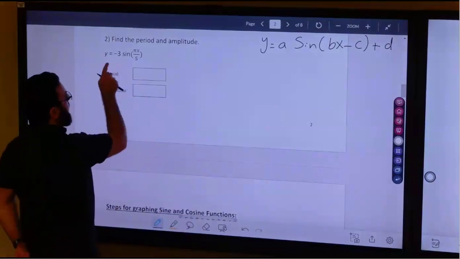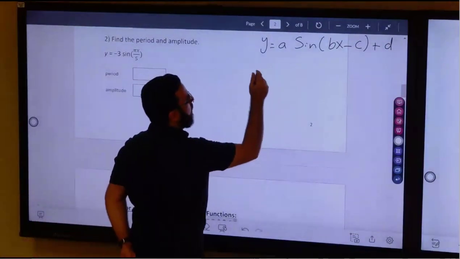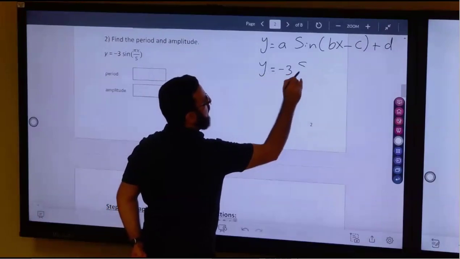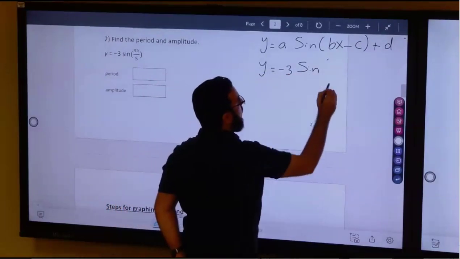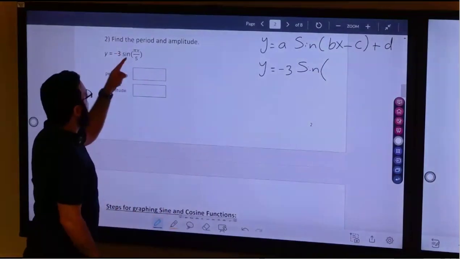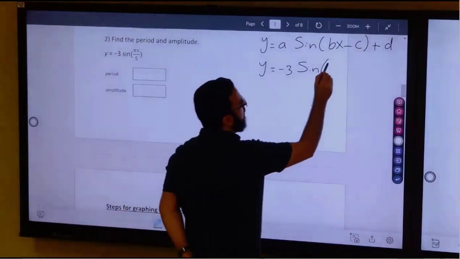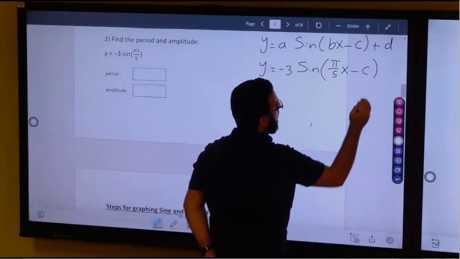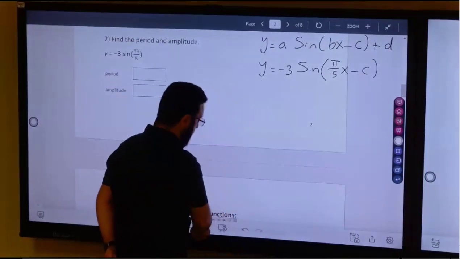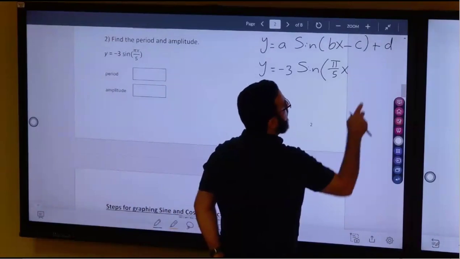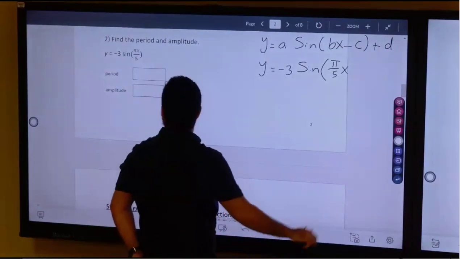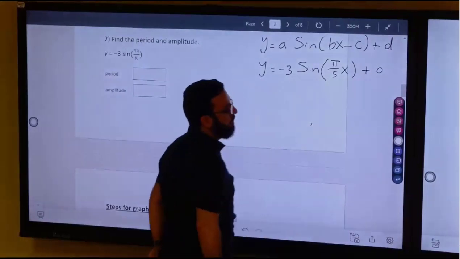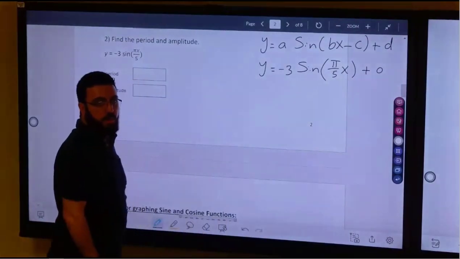Now, I'm going to write down exactly the same thing here: y equals negative 3 sine. Can I write down this? Pi over 5x, and here's the x minus c. There's no c. Close the parentheses. Last, d is 0. Yes or no?